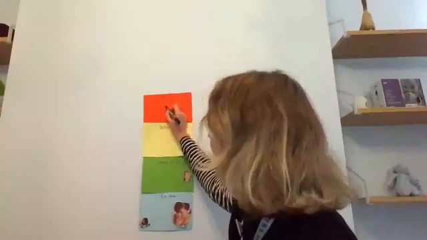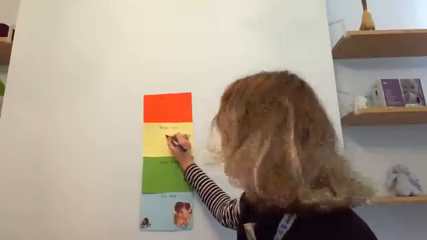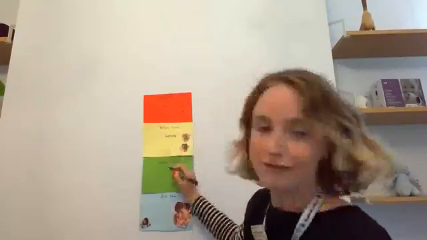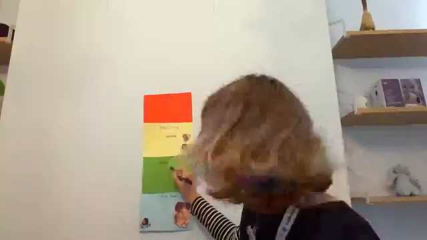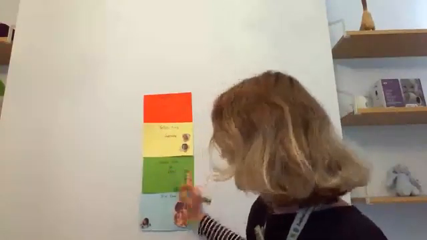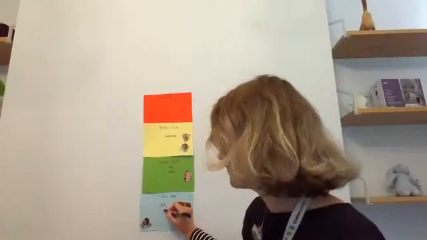And you could even put some examples of different emotions on your poster as well. So for example, in the red zone, you might say angry. The yellow zone, you could say frustrated. Green zone would be okay or calm. And the blue zone might be sick or tired.